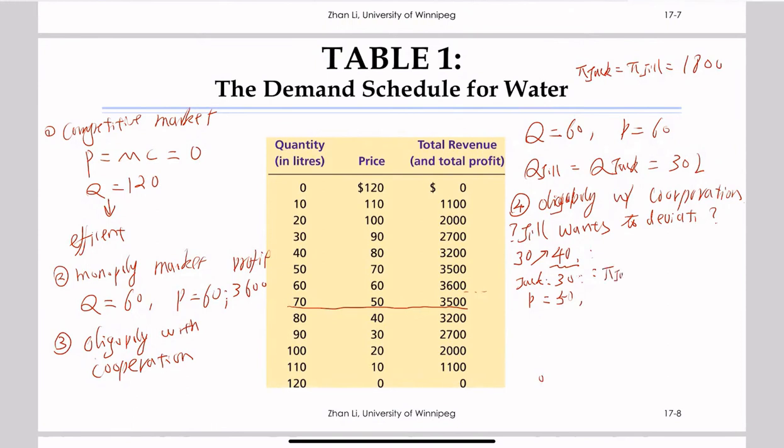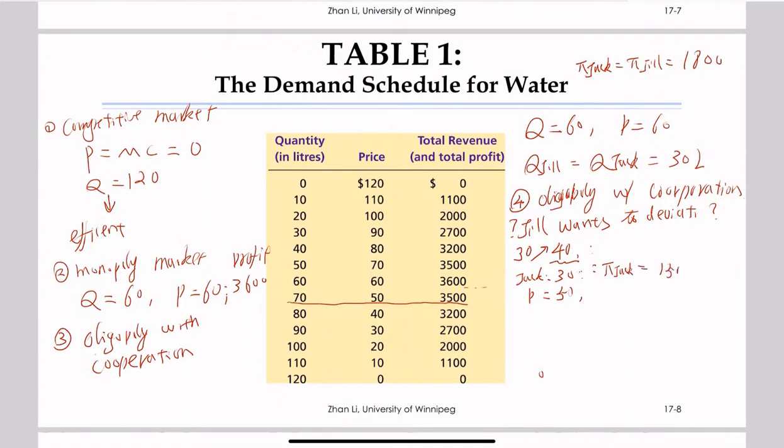Jack's profit is 50 times 30, so it's 1500. What is Jill's profit? Note that I'm using pi to refer to profit.